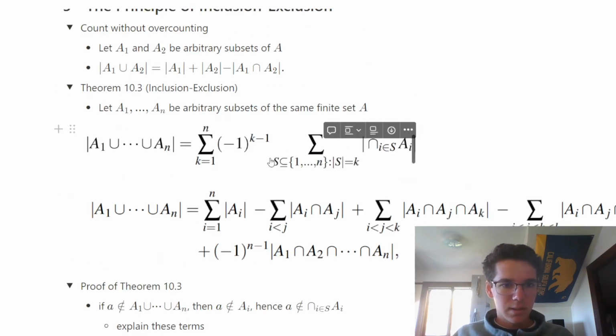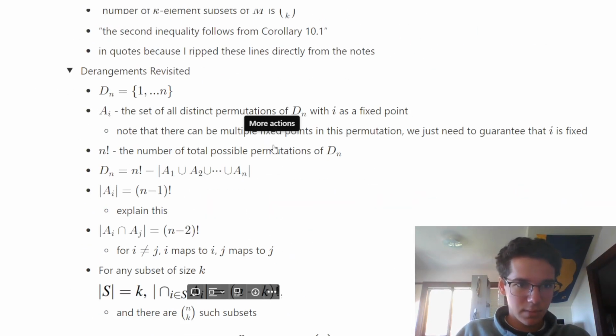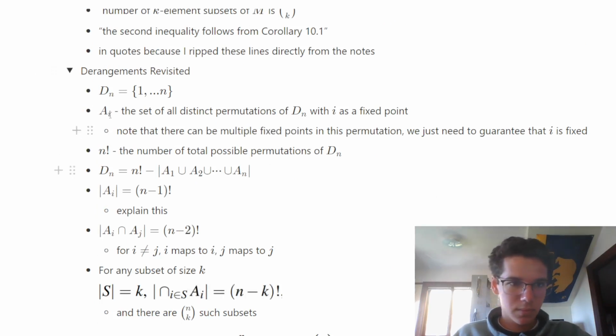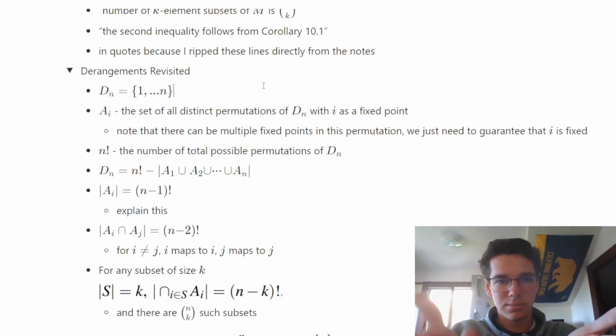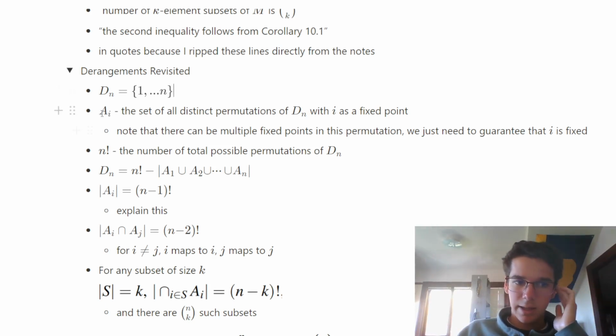Okay. So, let's see. Okay, now we're here. We're going to let D_n be the set of derangements of the numbers 1 through n. A_i is going to be the set of all distinct permutations of the numbers 1 through n with i as a fixed point.